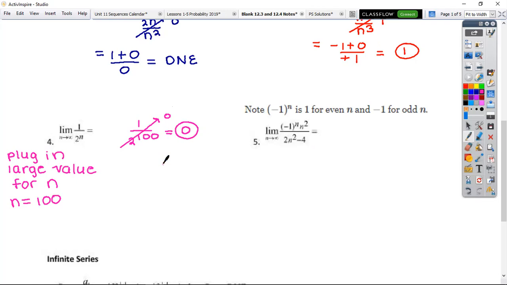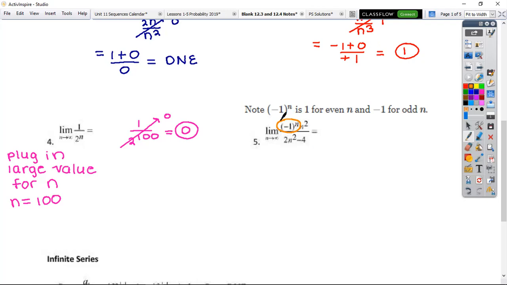The next case, I don't think this printed in your notes or not, but I would like you to include it if it didn't. What makes this problem different is right here. I have a -1 raised to the n. And I have to consider the fact that n could be even or odd.